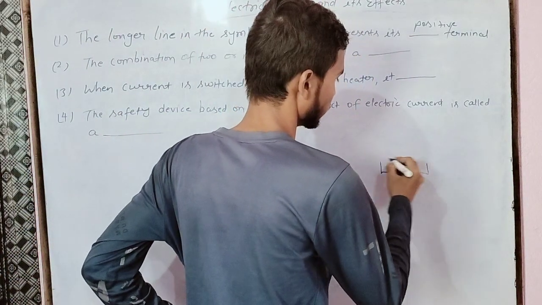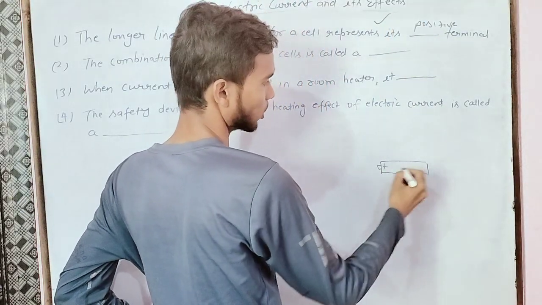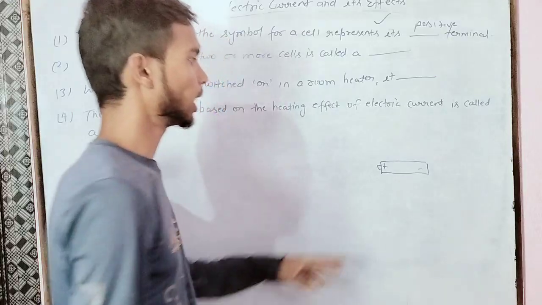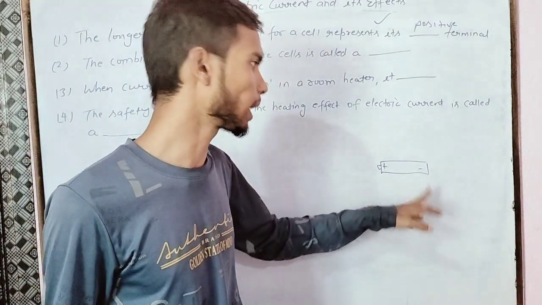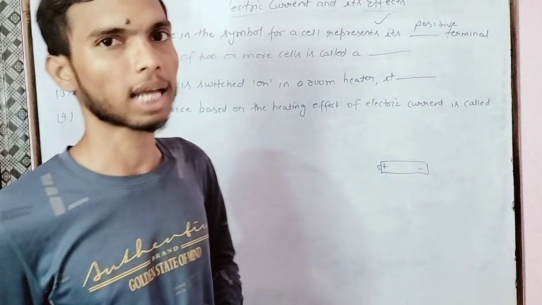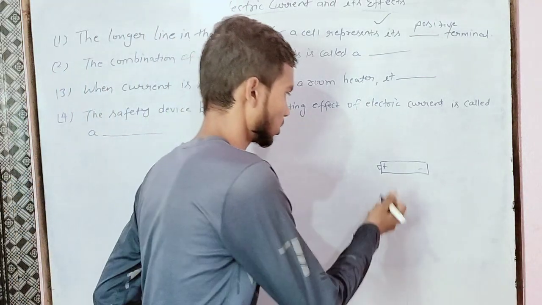The first. Okay. This is a positive terminal and this is a negative terminal. The positive terminal is made of a metal cap and the negative terminal is made of a metal disc. Okay.